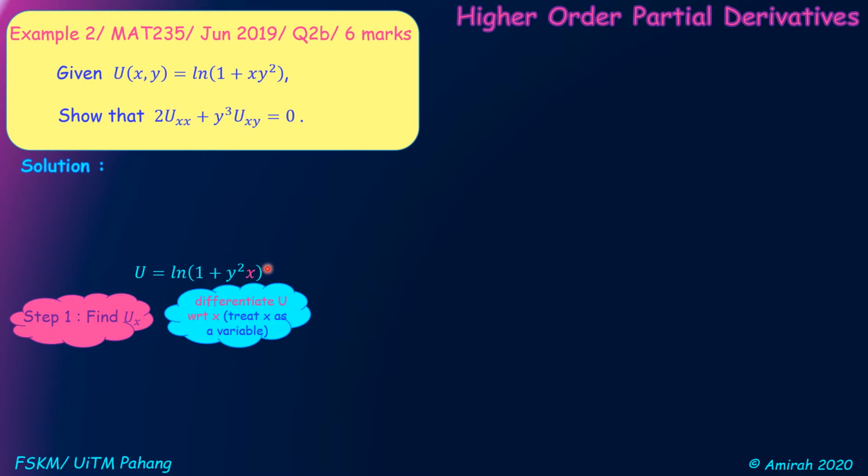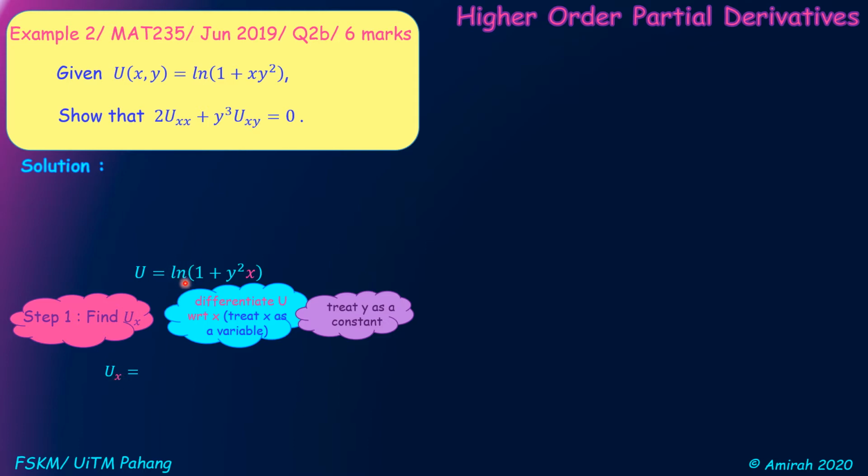So to avoid error and make it easy to differentiate, we can write variable x at the back, and we write in different colors to avoid error. Then we treat y as a constant. Then we can differentiate u with respect to x, so we get u_x.